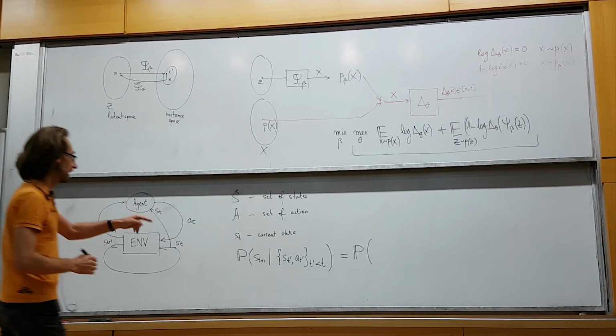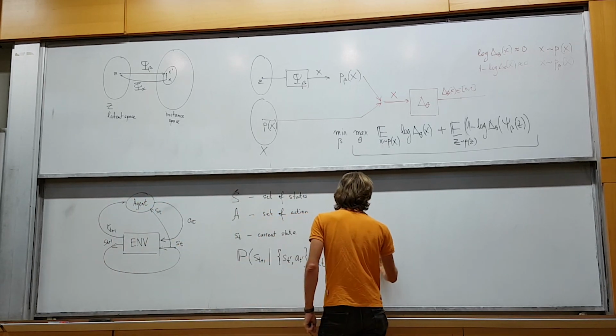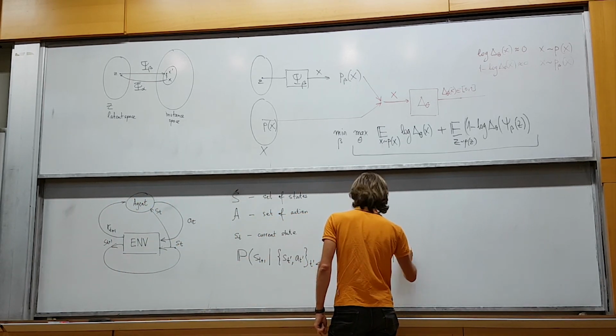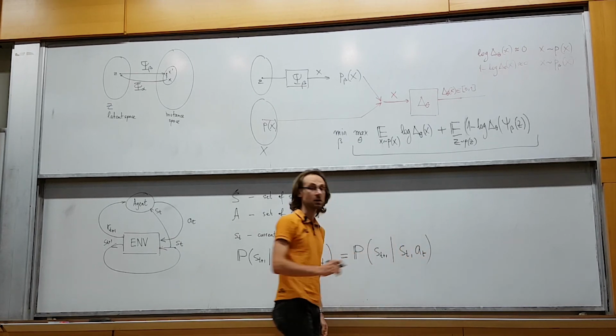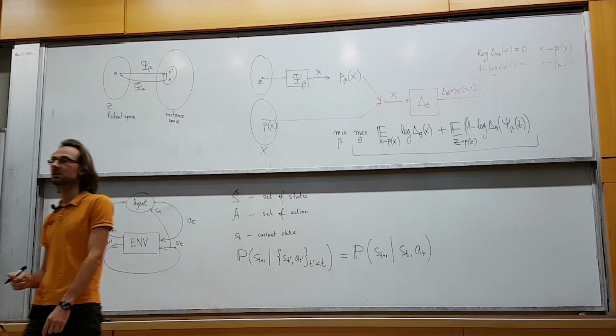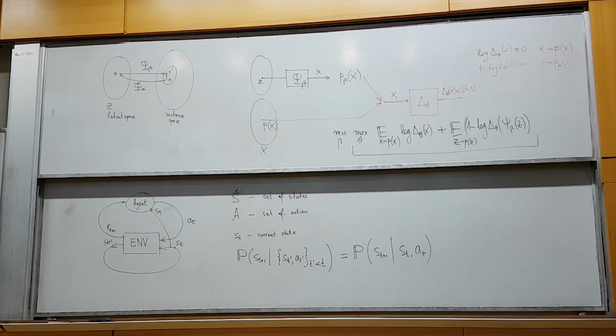Essentially, it means that I can only condition on ST and AT. So the current action and current state are the only parameters that influence the probability of getting to a new state, and not the entire past history.